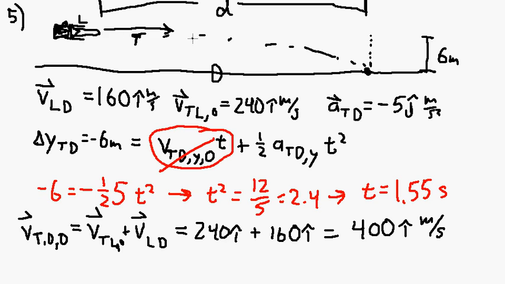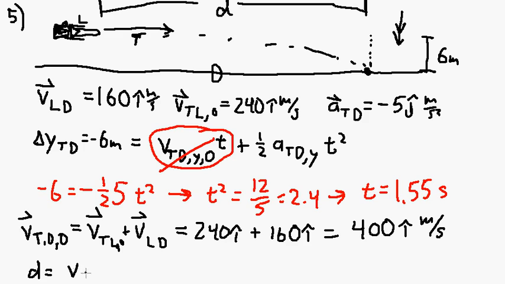No vertical initial velocity, and they don't accelerate horizontally. The only acceleration is downward due to gravity. So it's easy to just take this 400 meters per second and multiply it by the time it takes, and then you get what you want.